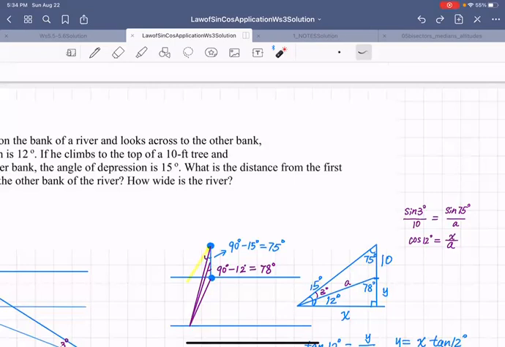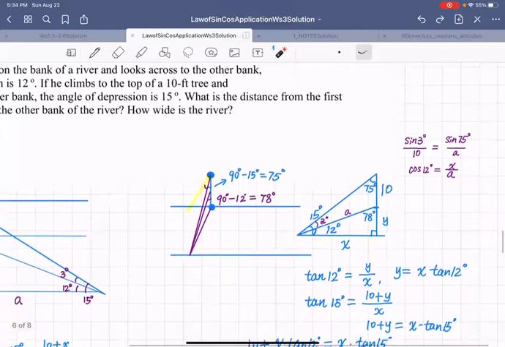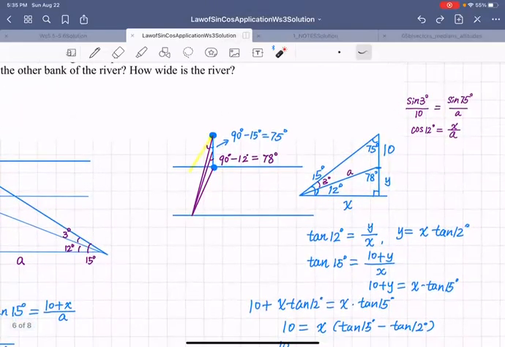Anybody found the answer? Okay, let me show this, okay? Tangent 12 equals y over x.